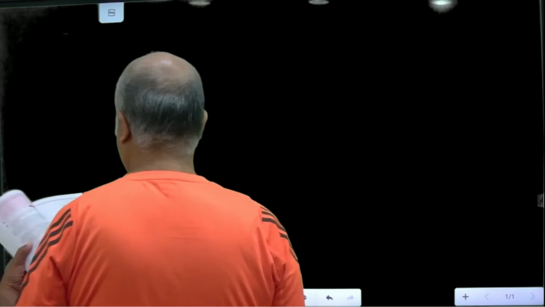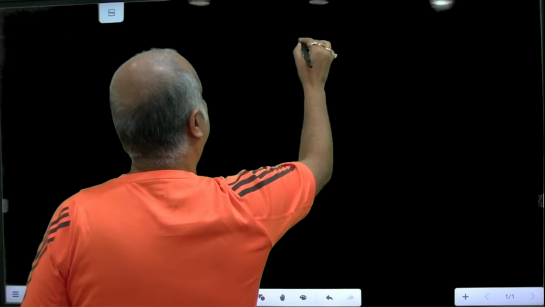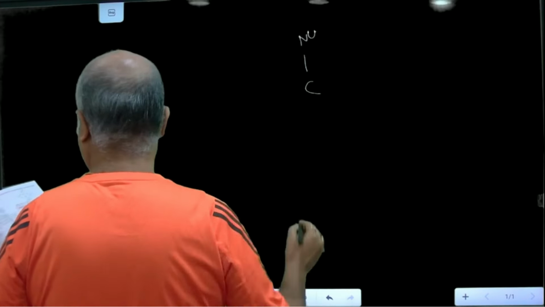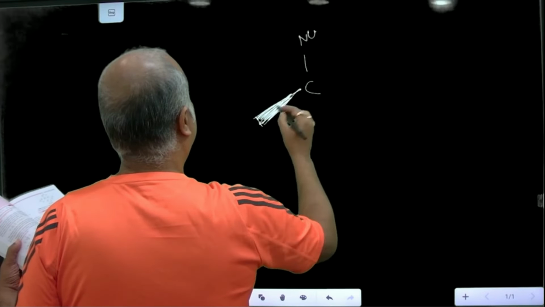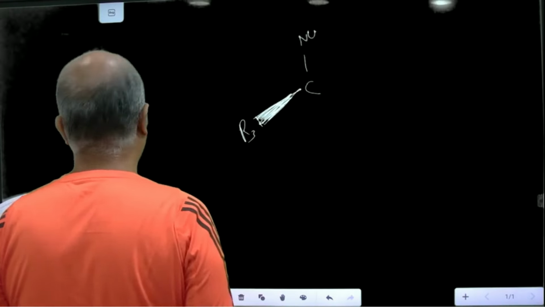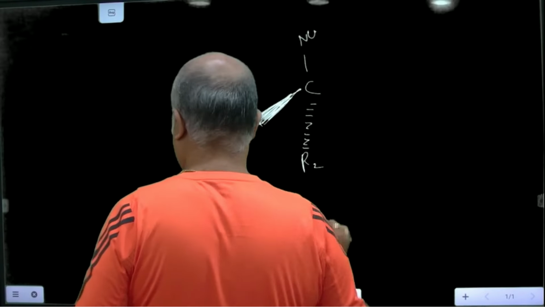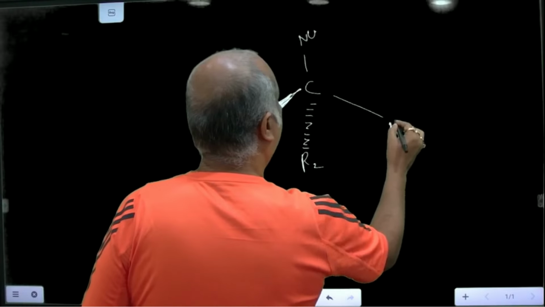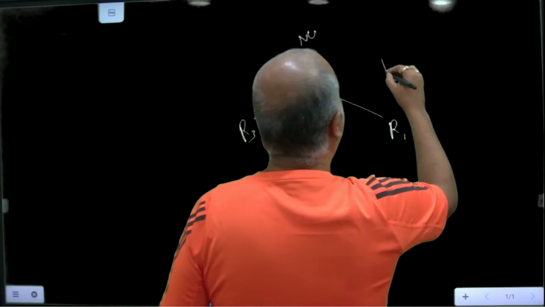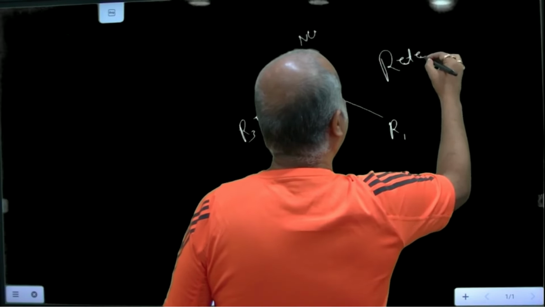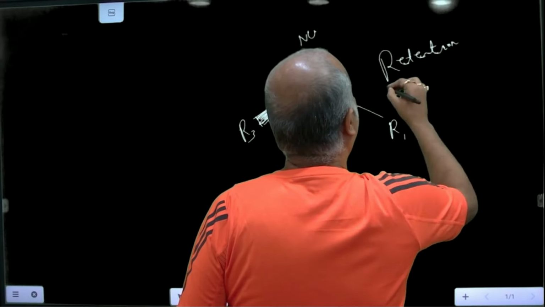But when you attack the top side, the ultimate product has Nu, R3, R2 and R1, and that is retention of configuration.